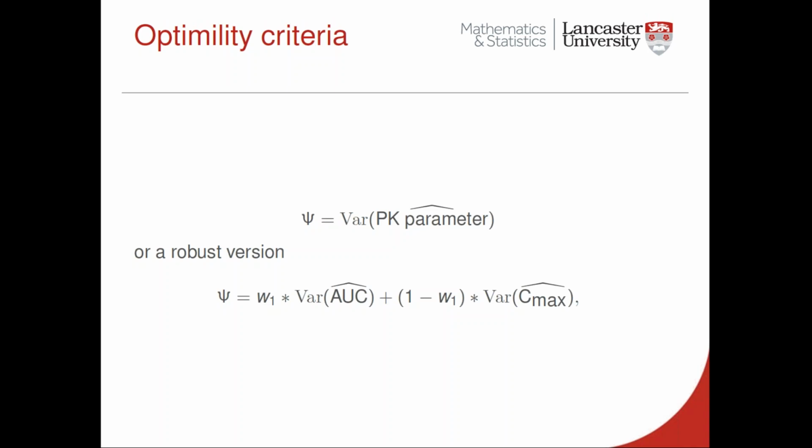Because if we wouldn't do that, I think it is Cmax that tends to have a much larger variability in the estimate, and therefore, even though my weighting would be equal, I would get more contribution from optimizing with respect to Cmax. So we first scaled and then applied an equal weighting.